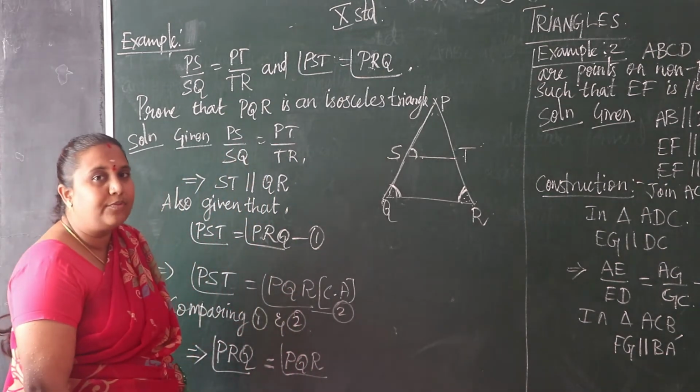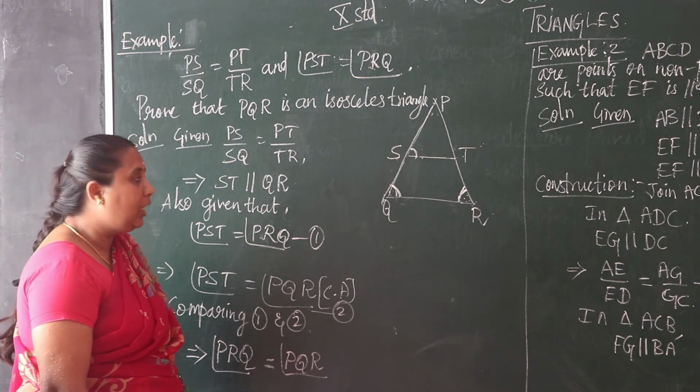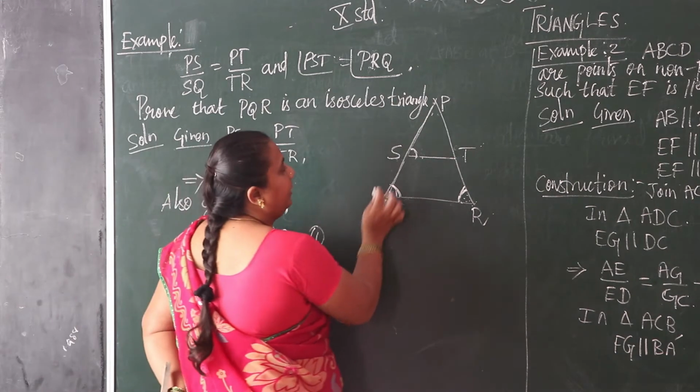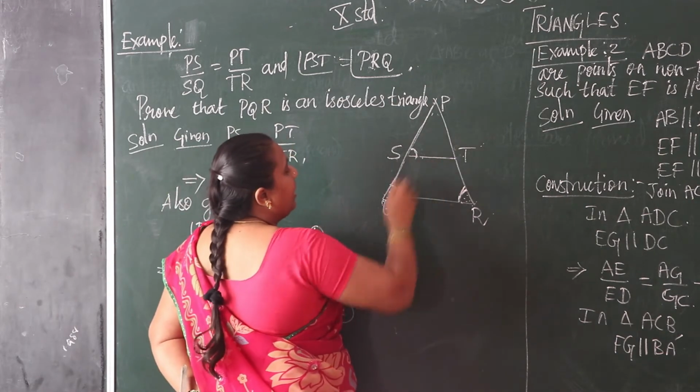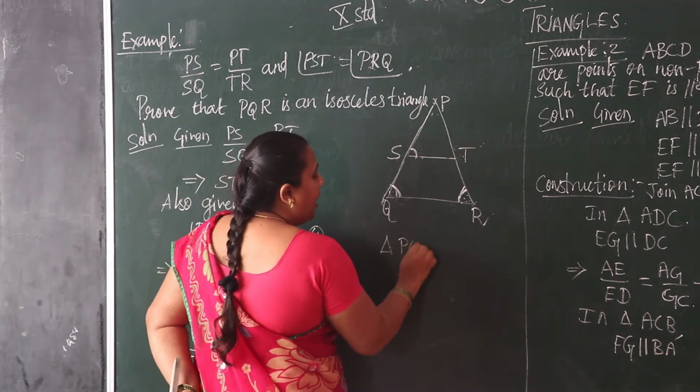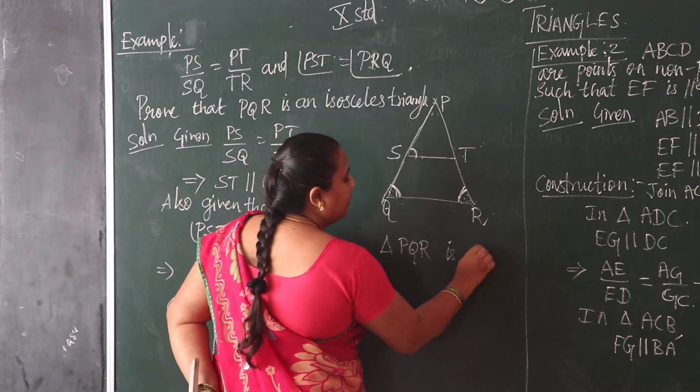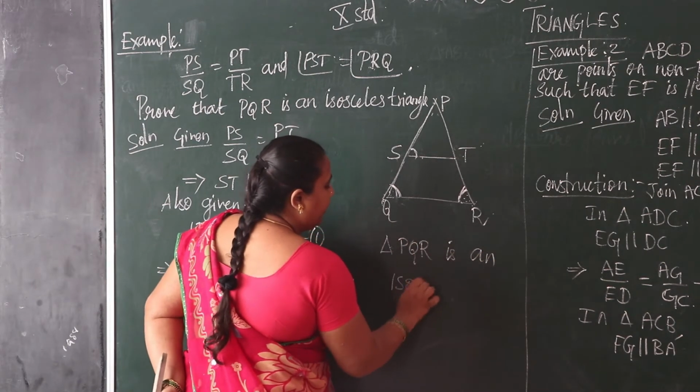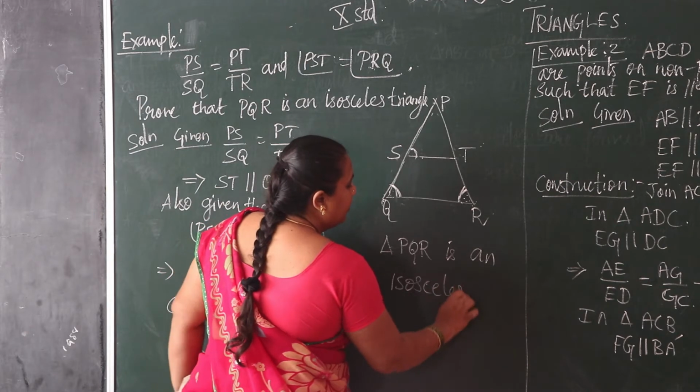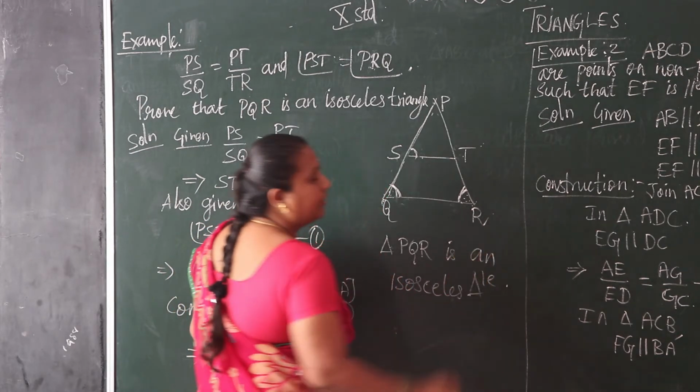Therefore these two sides are equal, which means triangle PQR is an isosceles triangle. Understood, children?